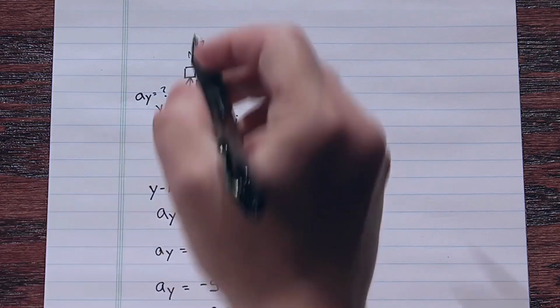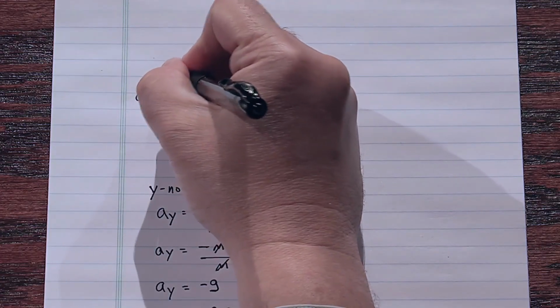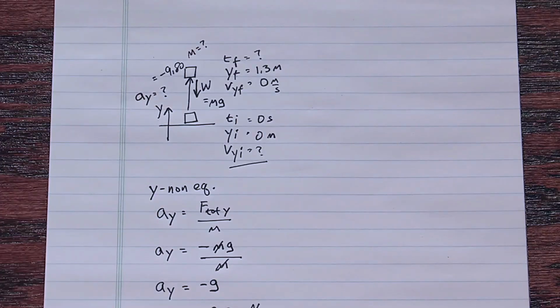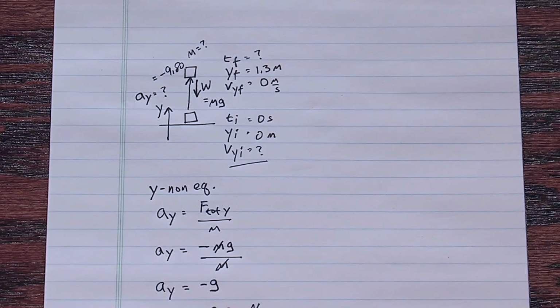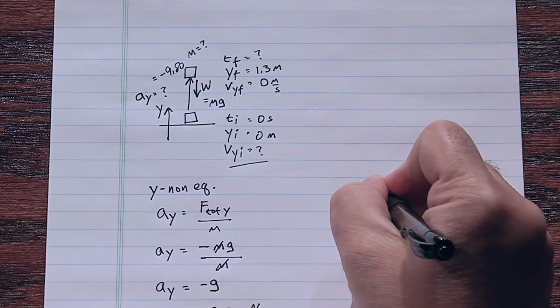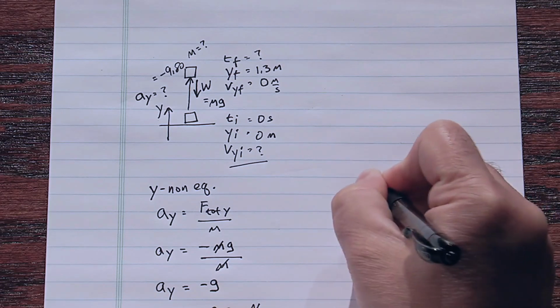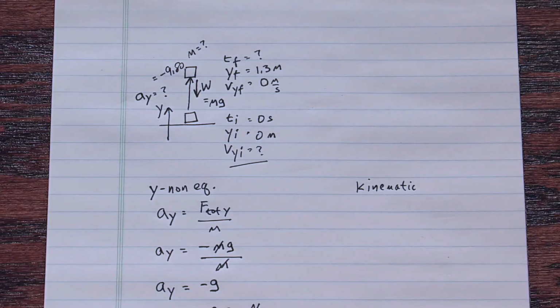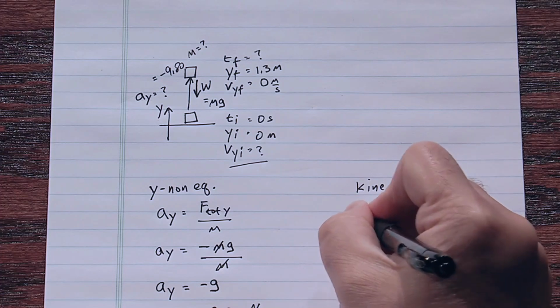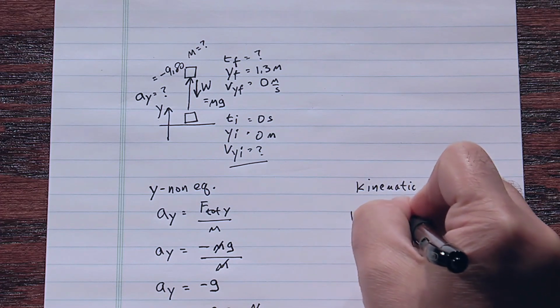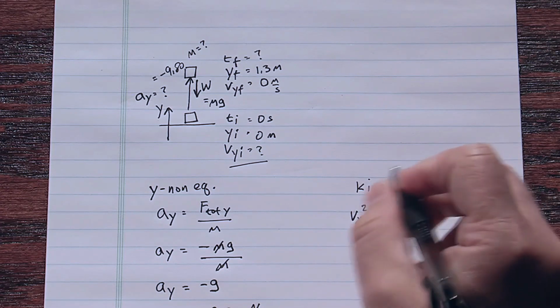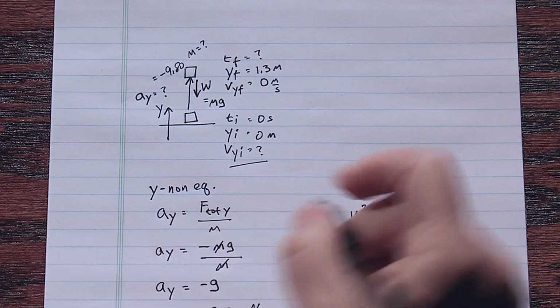Now that we know that the acceleration in the y direction is minus 9.80, let's think about what kinematic equation we need. What do we not know and not need to know? We don't know time. So, for our kinematic equation, we would pick the equation without time, and that is Vx final squared minus Vx initial squared, not x, we're dealing in y now.